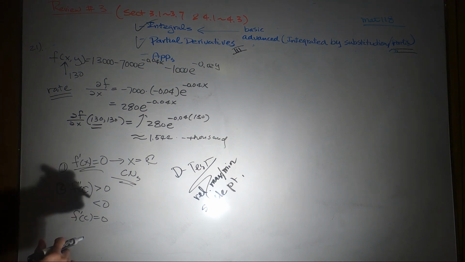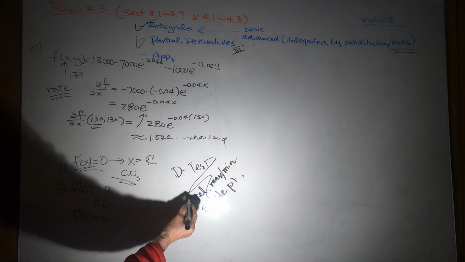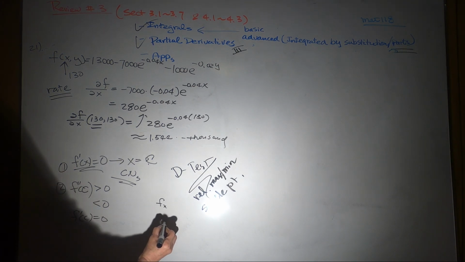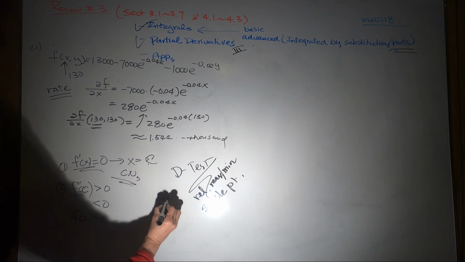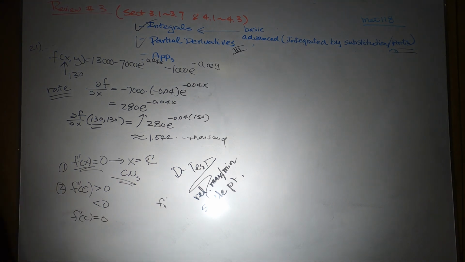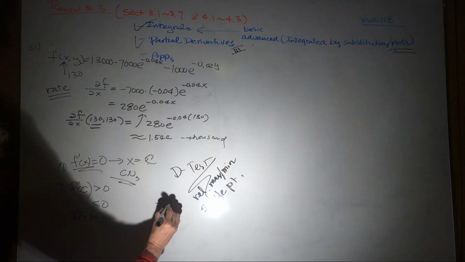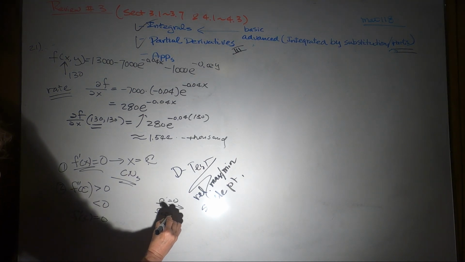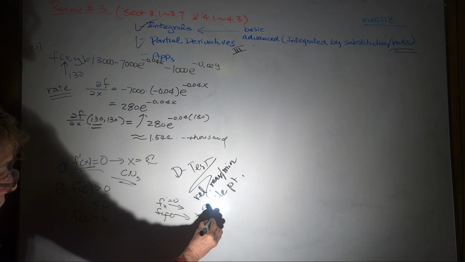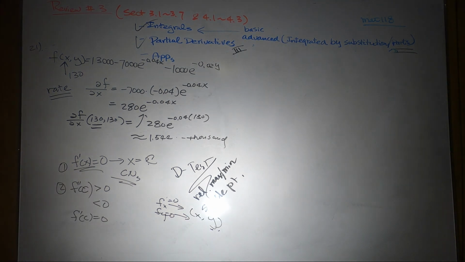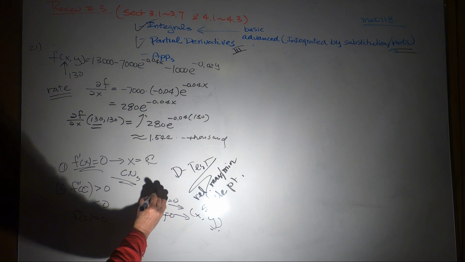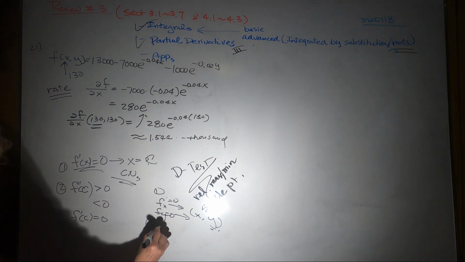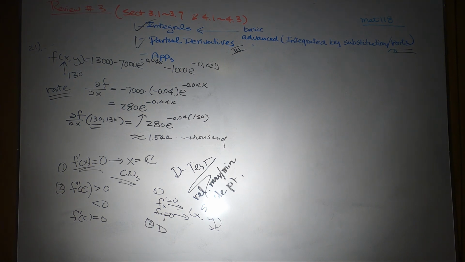But for more than 1 variable, like 2 products, we use the first partial derivative with respect to x, set it equal to 0, and the partial derivative with respect to y, set it equal to 0, to find your x and y. That is the first step. Then the second step, we use the D-test.